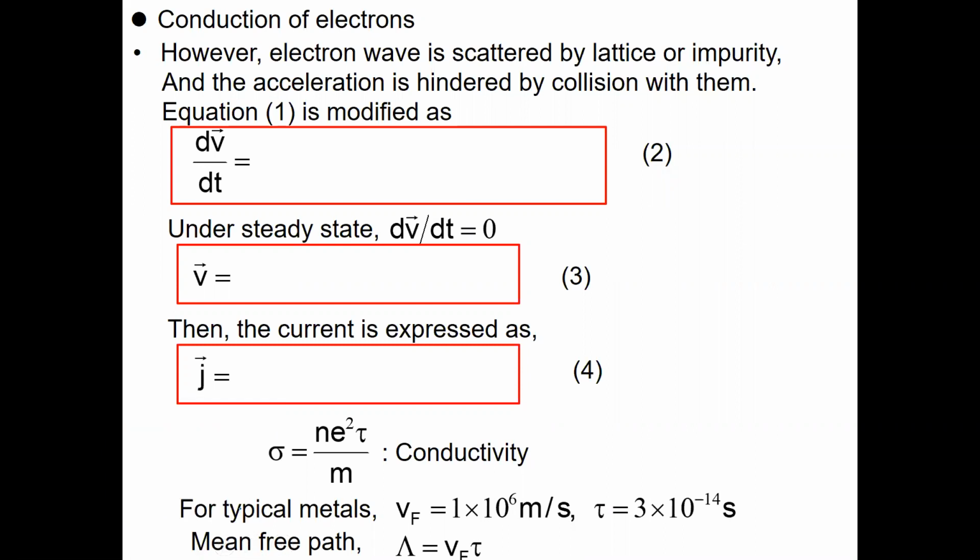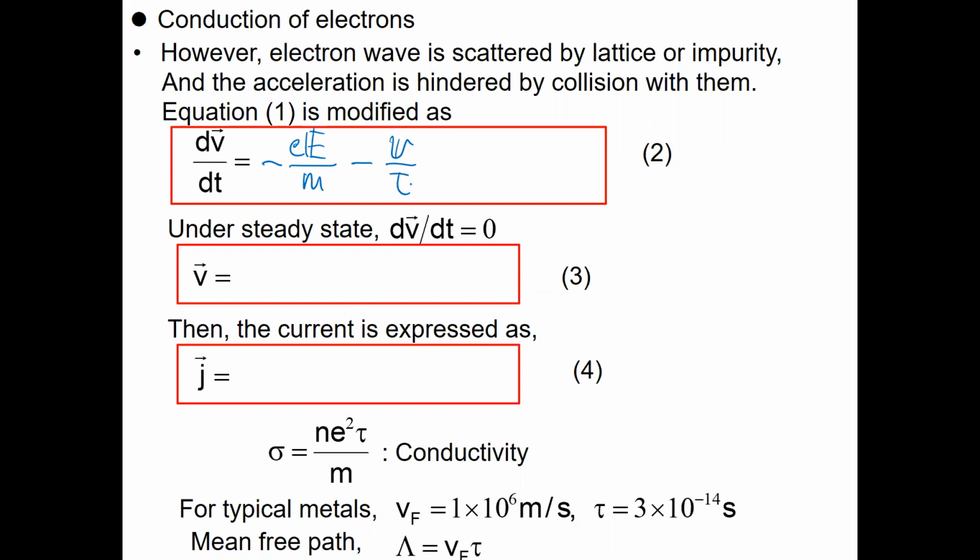So in this case, equation 1 can be modified, just simply a little bit. So this is the original equation, but you have to stop by the tau.